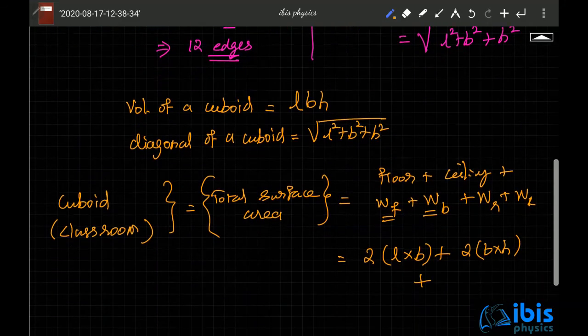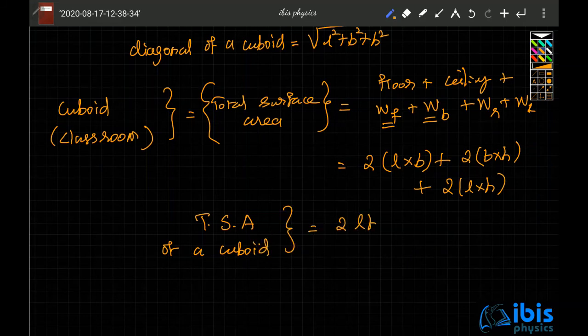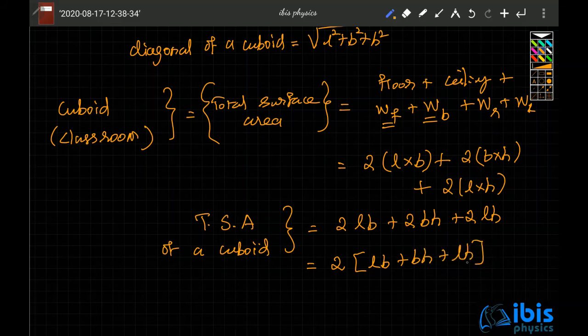So it is 2 times L into H. So the total surface area of a cuboid is 2 times LB plus 2 times BH plus 2 times LH. If you take 2 common, so L into B plus B into H plus L into H. This is the total surface area of the cuboid.